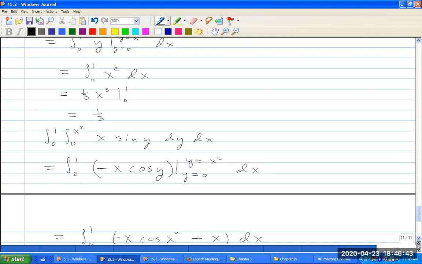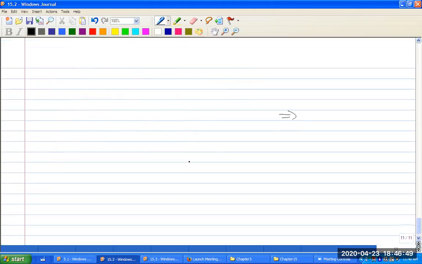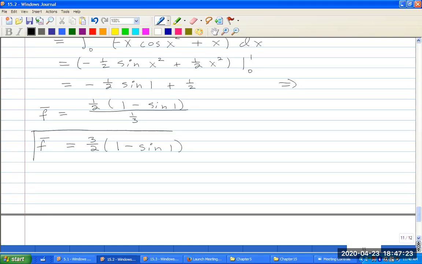Okay, so dividing by 1/3, I get that this is equal to 3/2 times 1 minus sine of 1. And that is your answer.